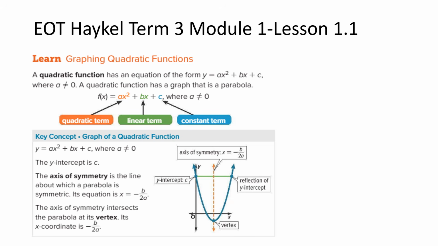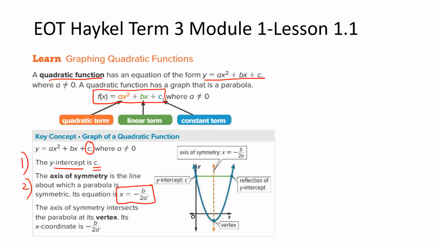Okay, this is the formula sheet for lesson 1.1 where you graph the quadratic function f(x) = ax² + bx + c. This is the standard equation of a quadratic function. You will be learning three formulas, one for the y-intercept. The y-intercept is always the value of c because you put x as 0, and everything else cancels. Number two formula that you are expected to learn is x = -b/2a.